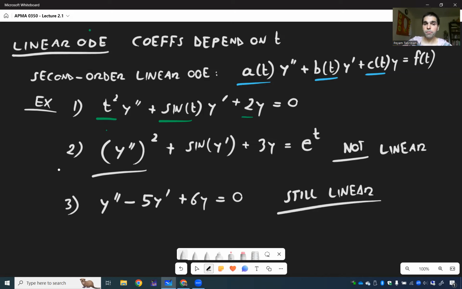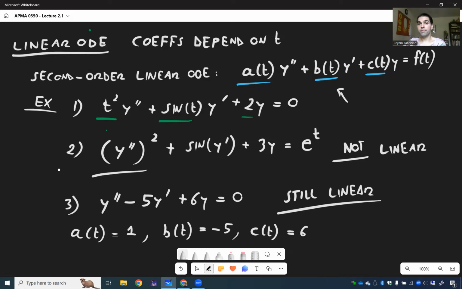Linear because simply in this case, the coefficients are constant functions of t. So going back to this form, a of t would be 1, b of t would be minus 5, c of t would be 6. It's still a function of t in the calculus sense.